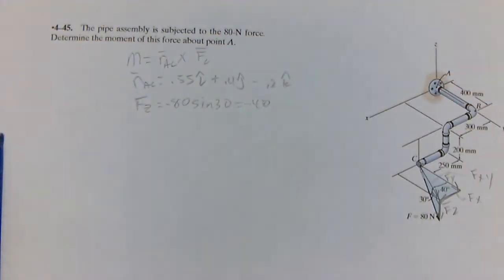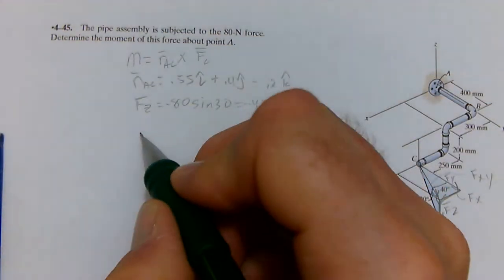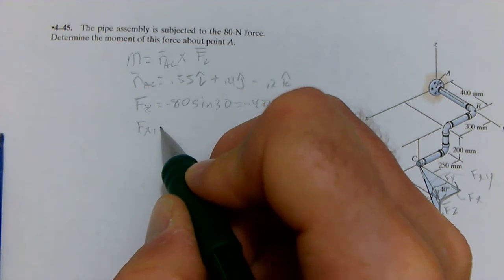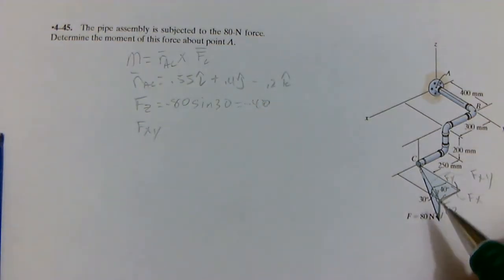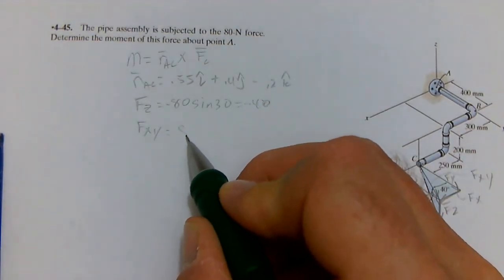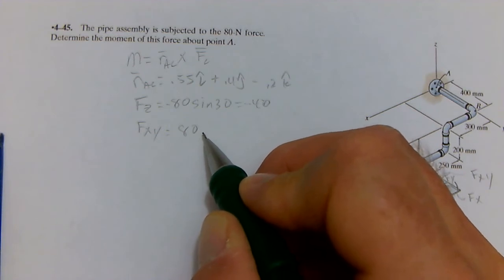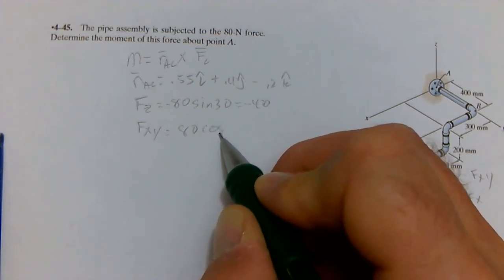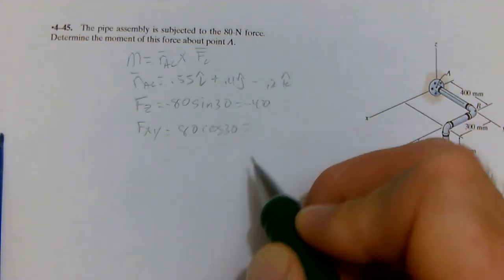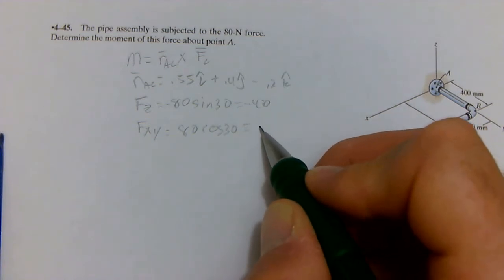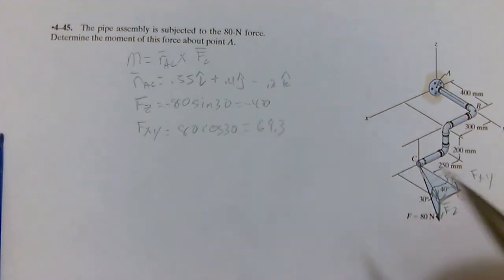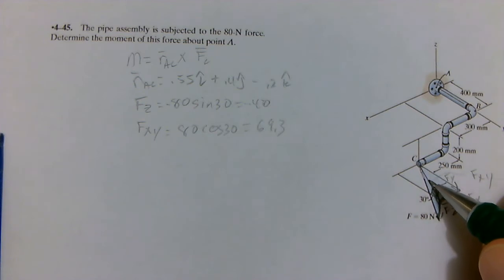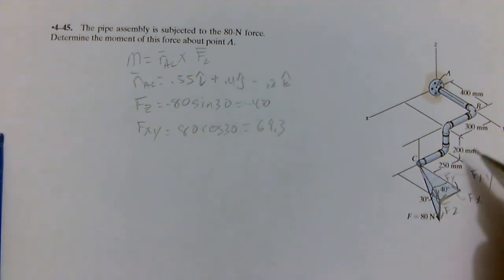So negative 40 in the K. Fxy is this one, so that's going to be equal to 80 cosine 30, and that equals 69.3. So this is 69.3 in that direction.